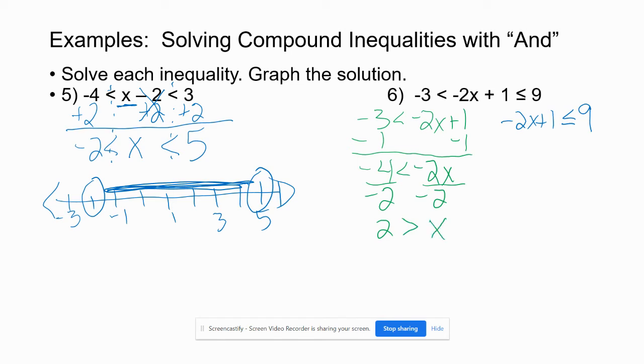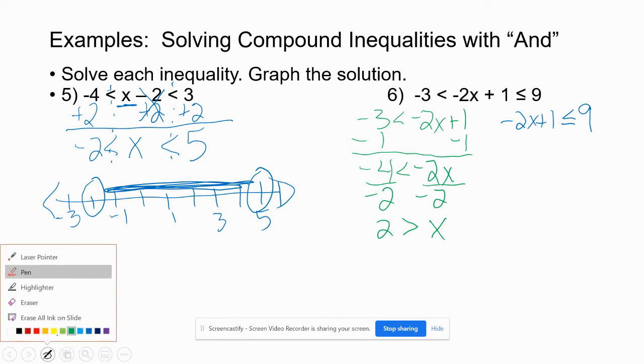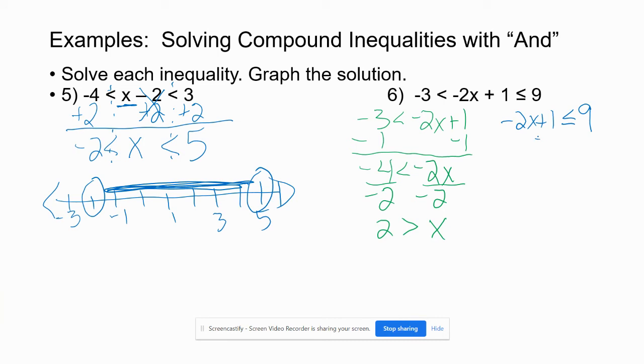And so we have 2 is greater than x. And over here in the blue, we're again subtracting 1 from each side. Adds to 0. We have -2x is less than or equal to 8. Divide by -2. Dividing by a negative does change the direction.